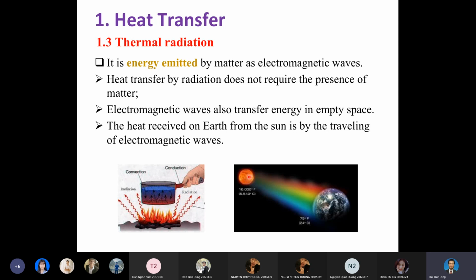Not only hot water or a hot bar at 100 or a few hundred degrees C, but any object with a temperature higher than 0 degrees C can emit radiation.